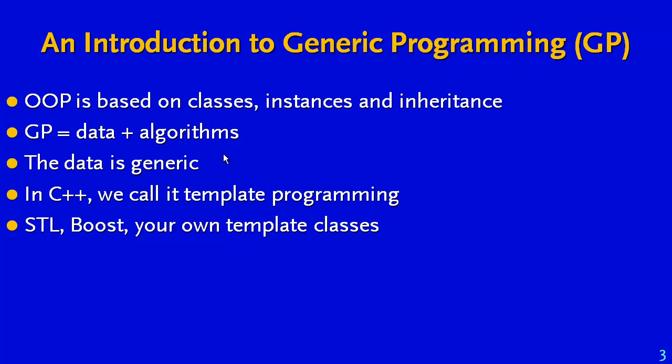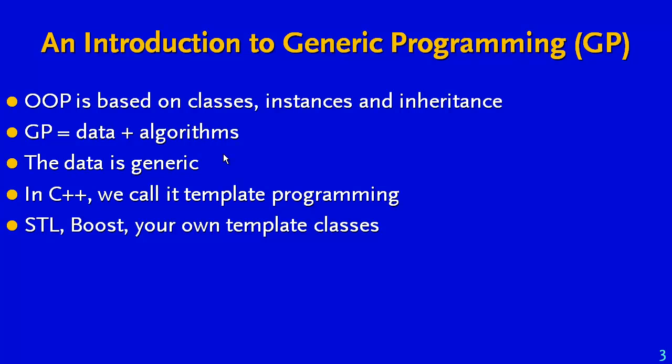Generic programming, on the other hand, is you've got data. You look at data, it takes a higher priority. It takes a high level stage. So you're looking at data, and you're looking at algorithms on the data. So it's a bit of a different mindset, you might say.